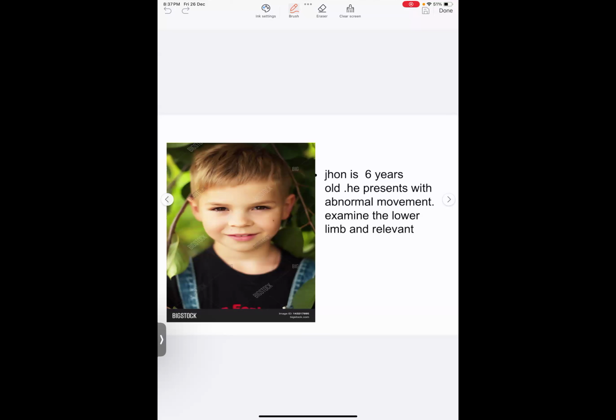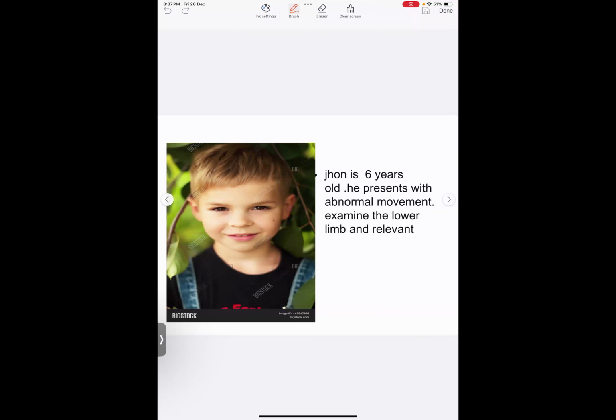No abnormal movement. Then any dysmorphic features, any device attached to him or in the surrounding, I should observe.